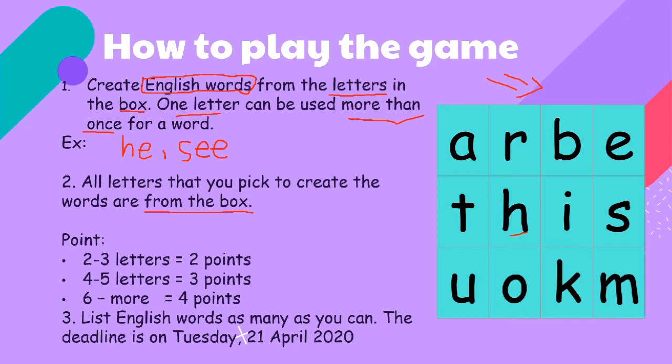For example, Miss, there is B. There is E. I want to write "bye". B okay, E okay, but Y? Do we have Y here? Have we got Y here? No, so this word cannot be used. You cannot write it because one of the letters is not from the box that I give you.